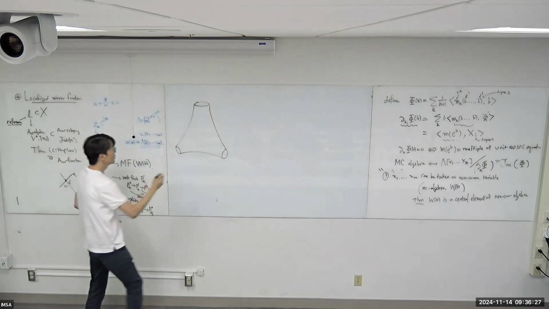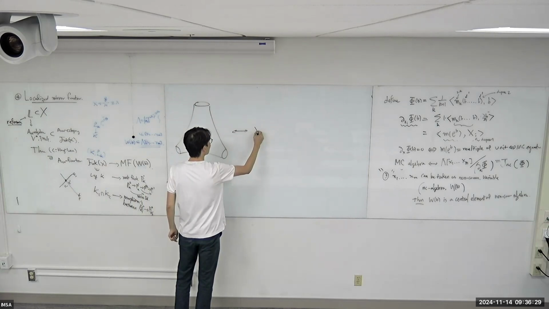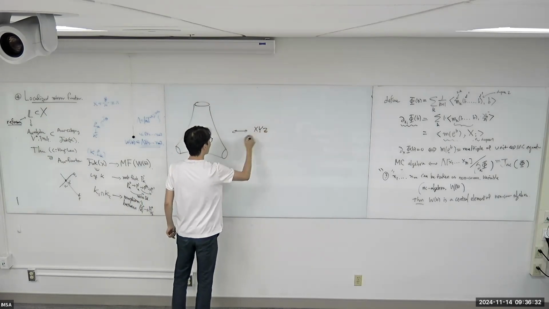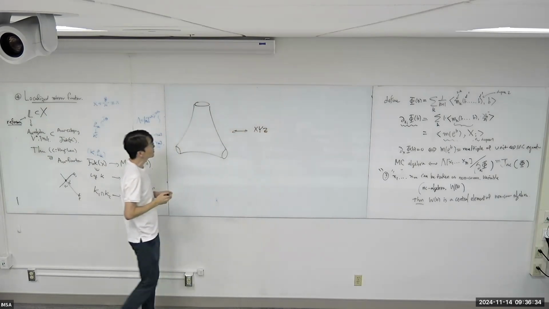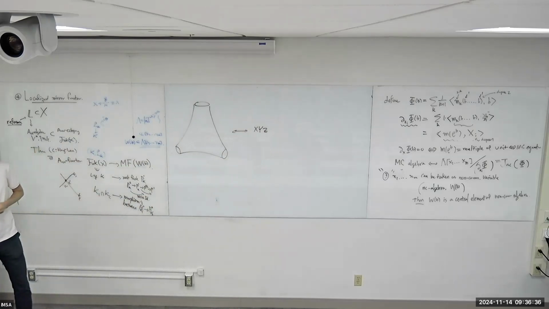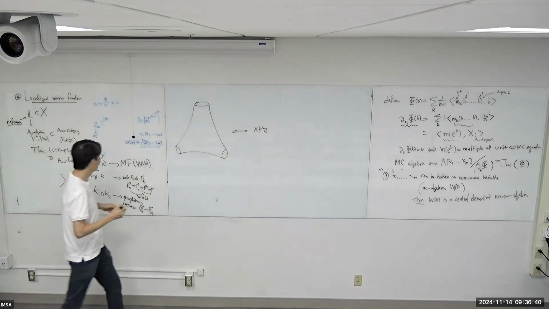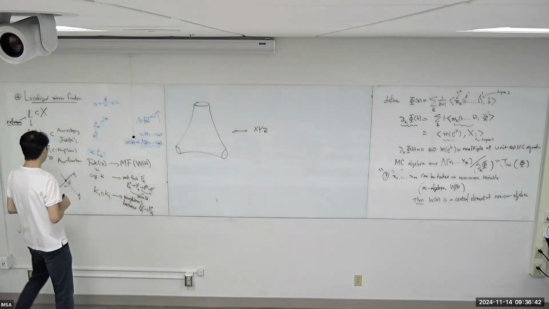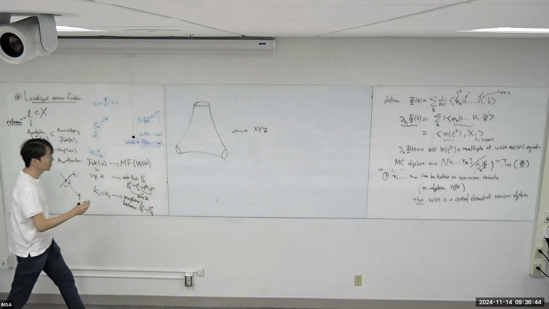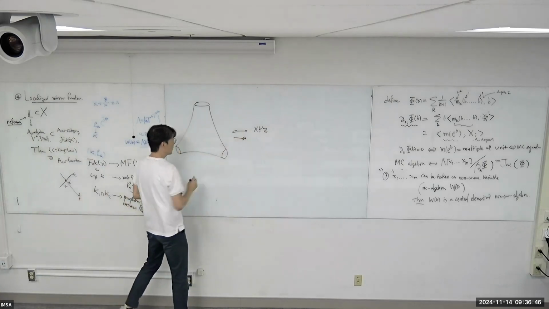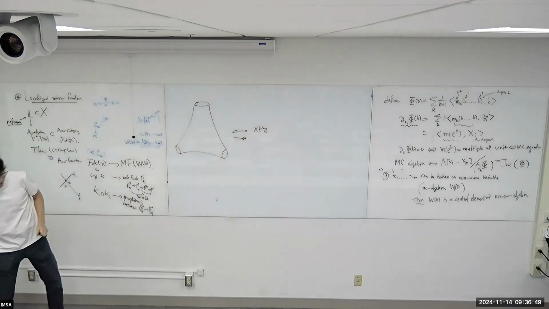So in this case, it's known that this is a mirror by Abouzaid, Auroux, Katzarkov, or Orlov. It's known that it's a mirror, but this formalism will define this functor, and let's see how this goes.